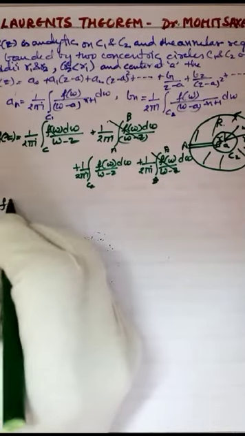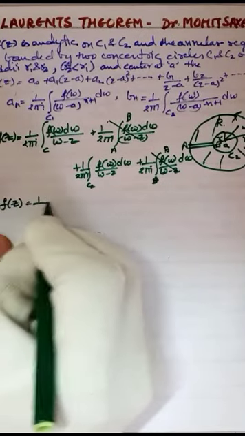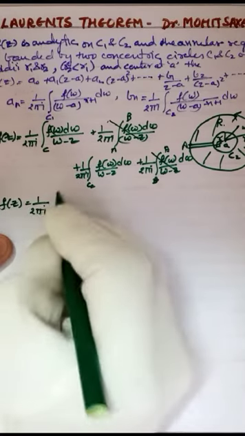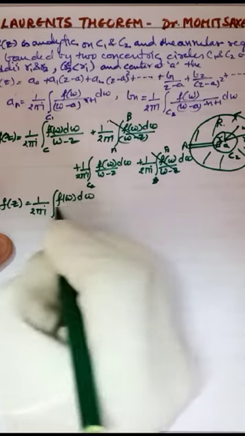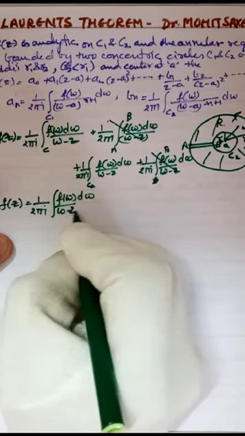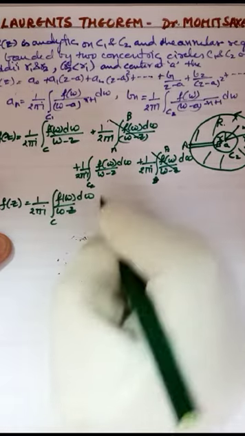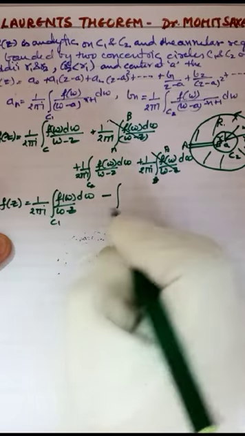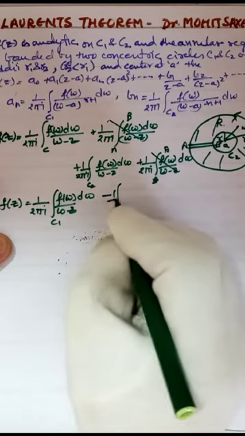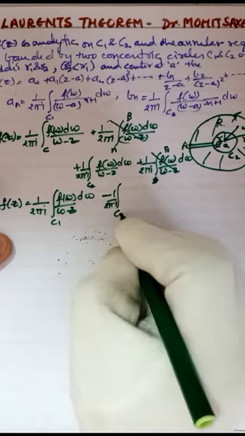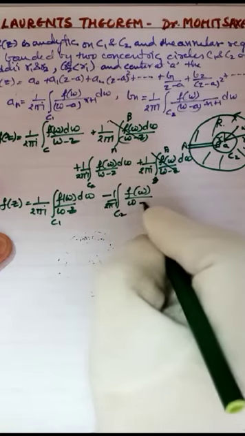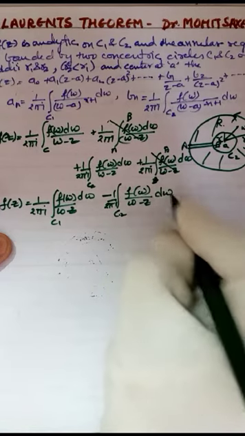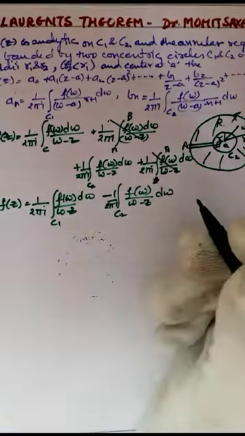Therefore f(z) is equal to 1 upon 2 pi i integral of f(w) dw upon (w minus z) over C1, minus 1 upon 2 pi i integral over C2 of f(w) upon (w minus z) times dw.